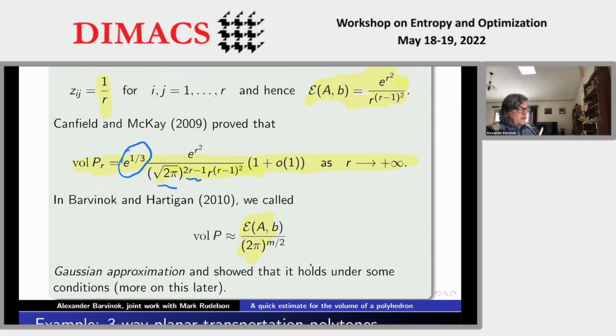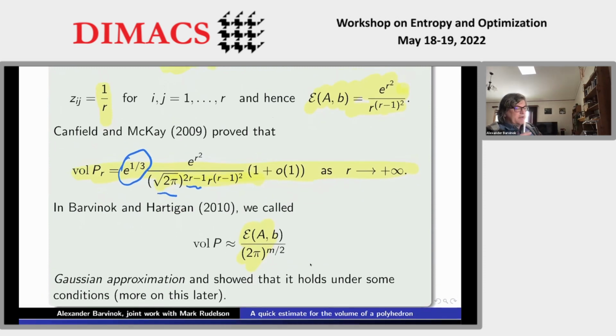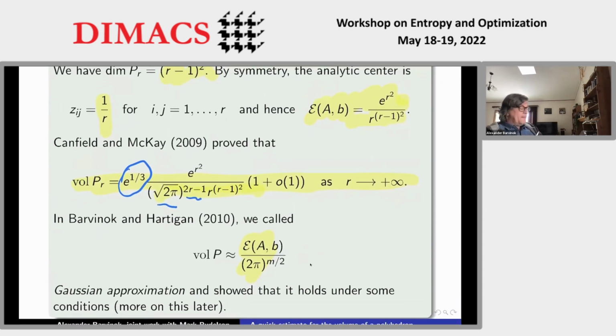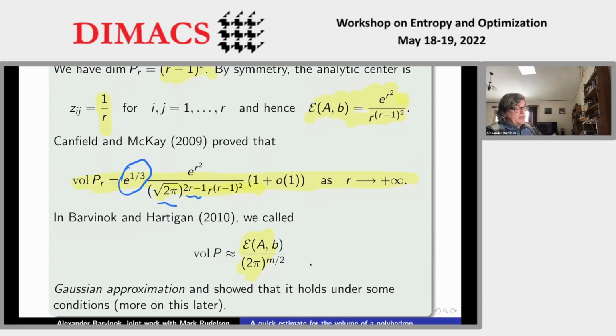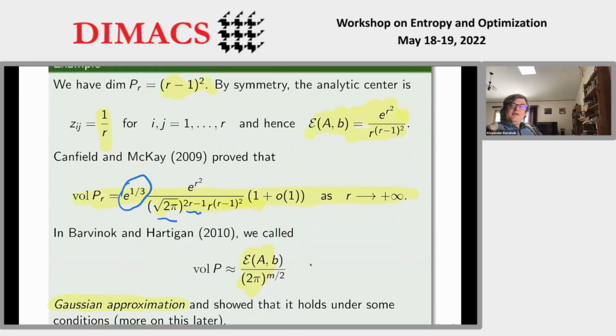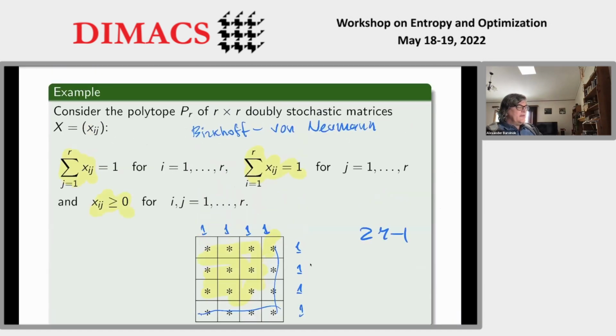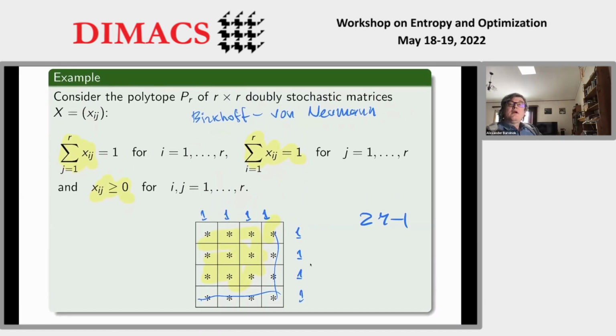And we proved that when some conditions are satisfied, it holds, meaning that you get asymptotically exact formulas for families of polyhedra, right? And I'm also going to talk about this. So why did we call this that? So that's another example. Any objections here?